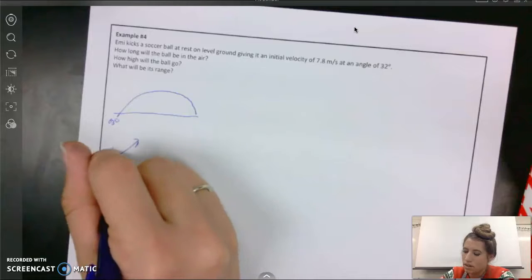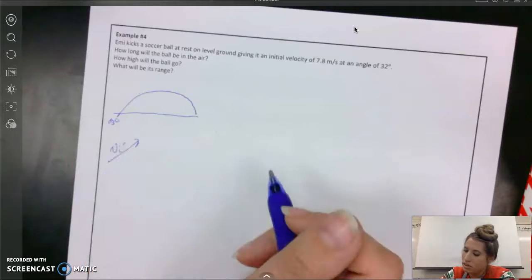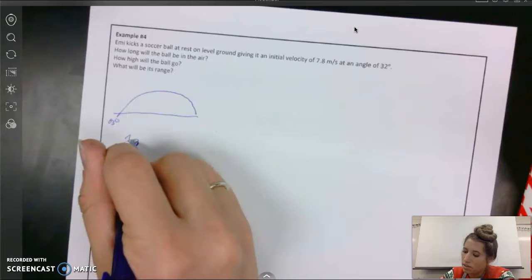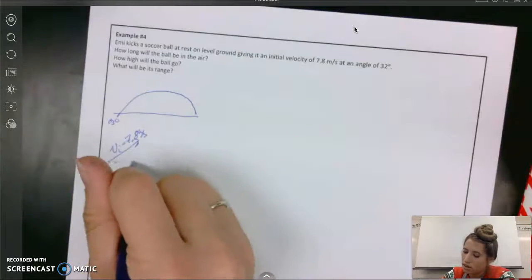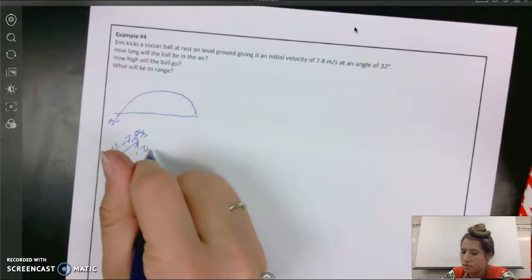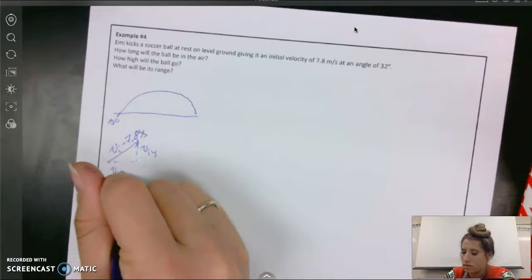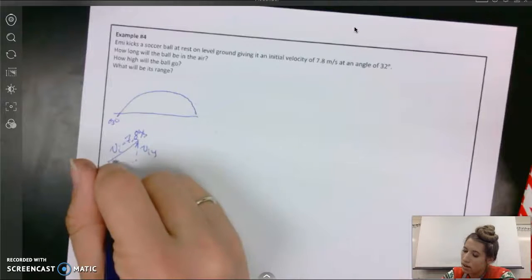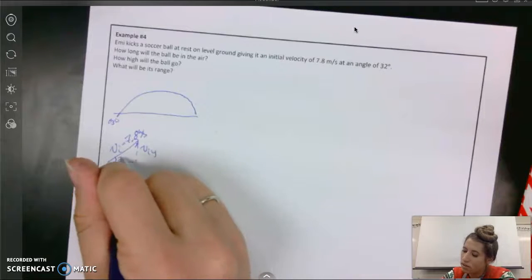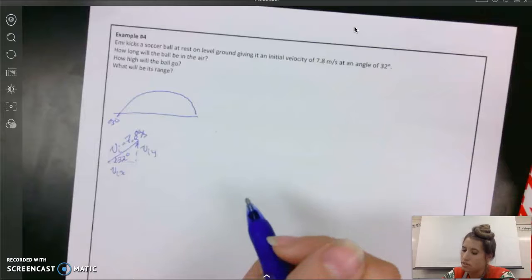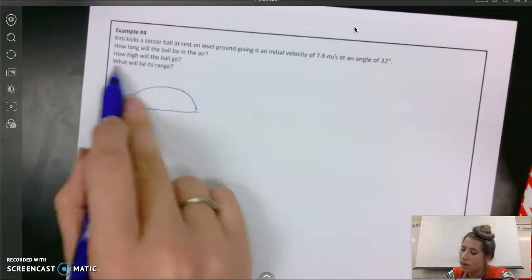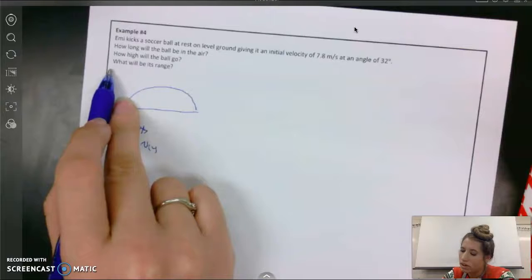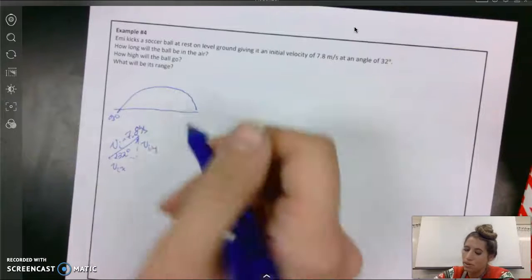My initial velocity is going to be 7.8 meters per second. There's an x and y component, and we have an angle of 32 degrees. How long will the ball be in the air? How high will the ball go? What will be its range?